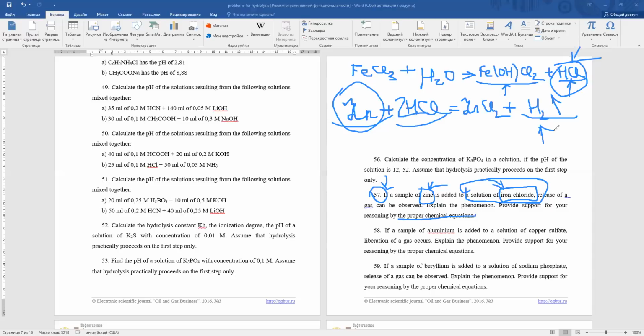Okay. So, is that clear? Yes. Can you solve problem number 28?